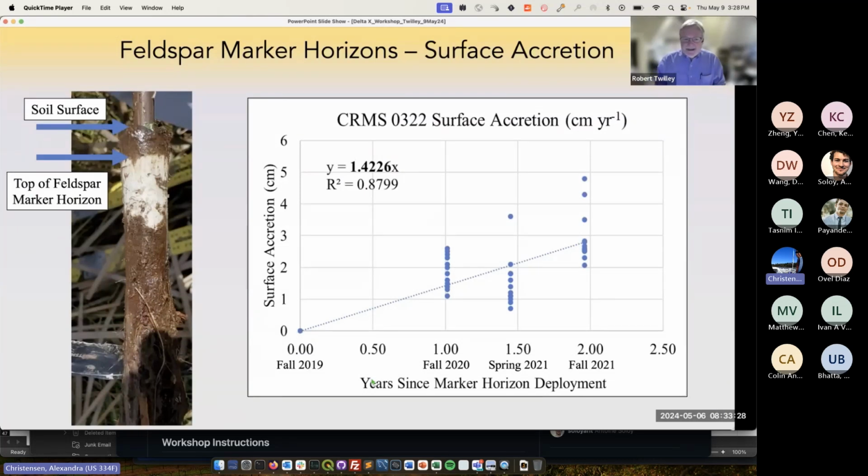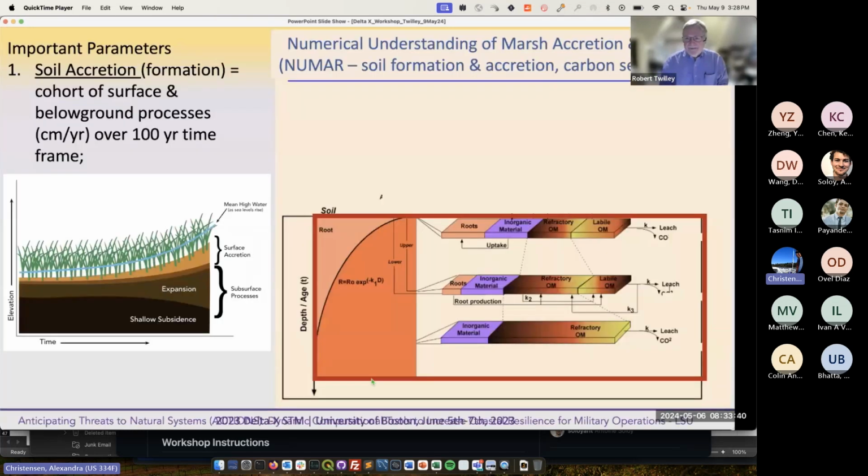This is surface accretion; you'll see that quite a bit. I want us to focus that this is deposition, in centimeters per year, of material on the surface of the marsh.